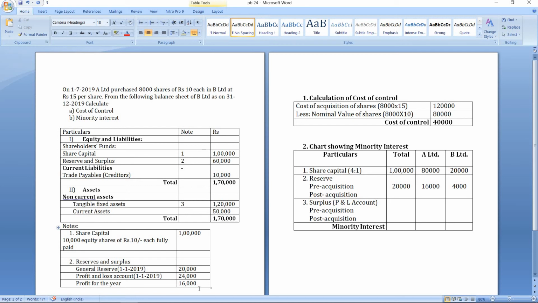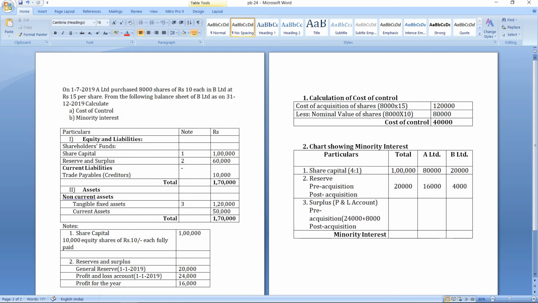So out of this 16,000, profit earned for a period of 6 months will be considered as pre-acquisition profit. So 16,000 into 6 divided by 12, that is 8,000, will be our pre-acquisition profit, along with the profit given in the beginning of the year. So for pre-acquisition profit, 24,000 plus 8,000, that will be 32,000. This we have to divide between the holding company and the remaining shareholders.